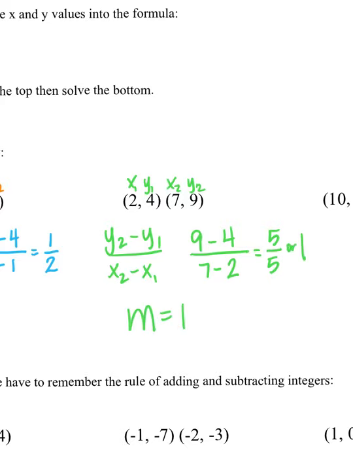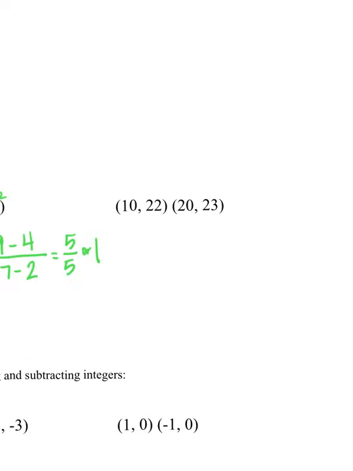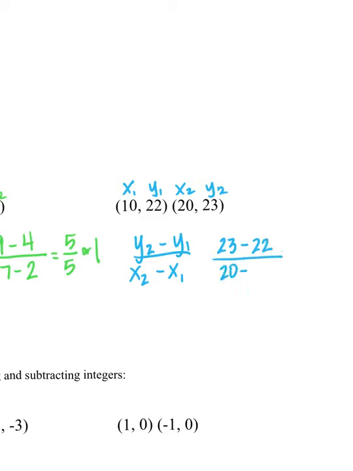So M equals 1. X1, Y1, X2, Y2. Y2 minus Y1 over X2 minus X1. 23 minus 22 over 20 minus 10. 1 over 10.